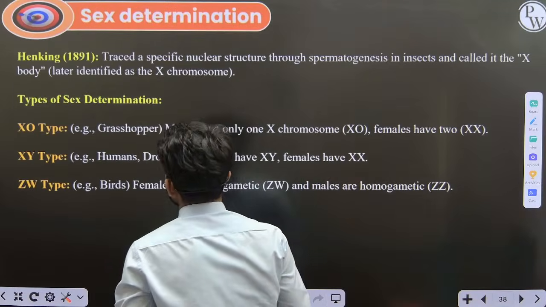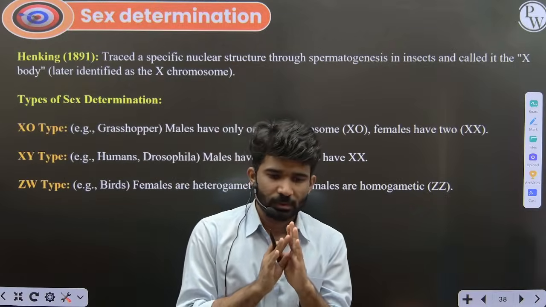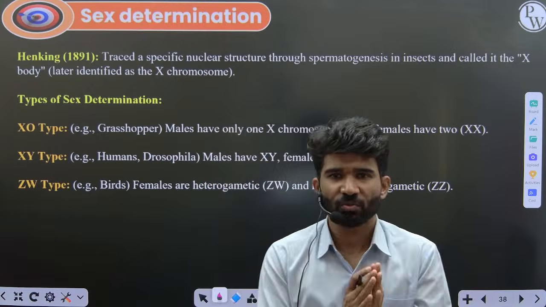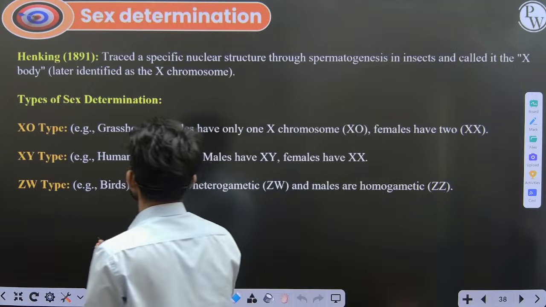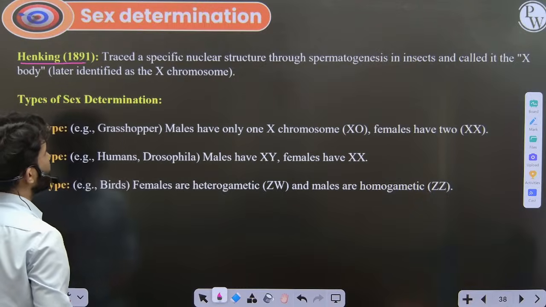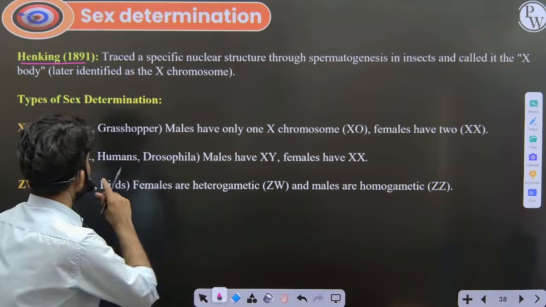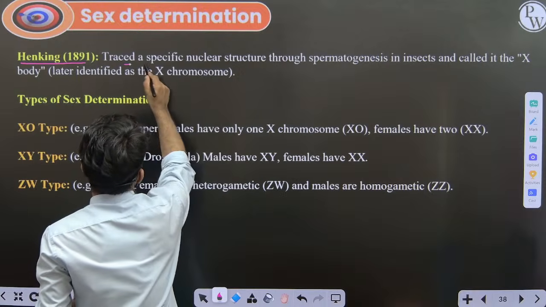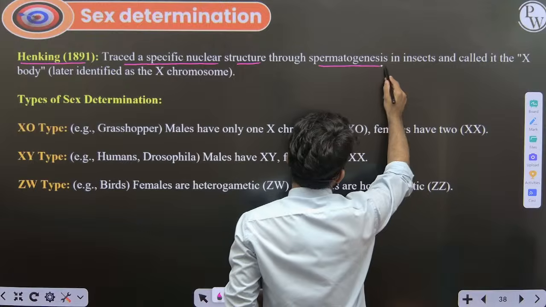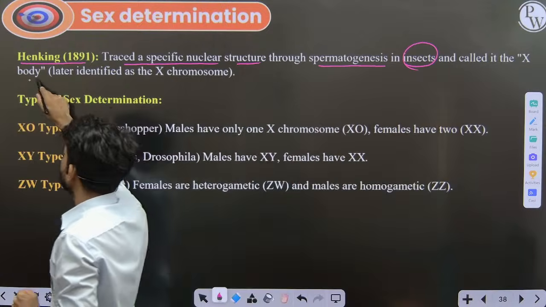So the next part is about sex determination. Sex is determined either as male or as female. Sex determination was first traced by the scientist Henking. In the year 1891, he traced a specific nuclear structure in the spermatogenesis of insects and called it the X body.